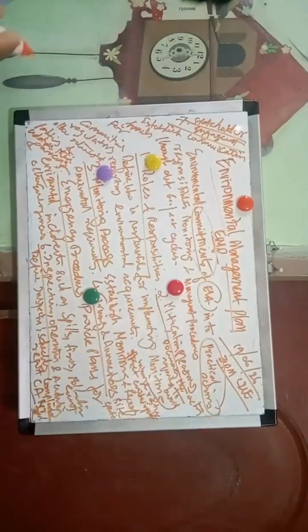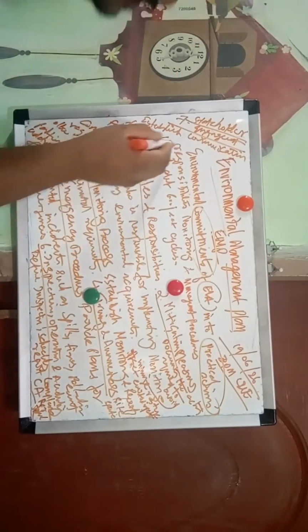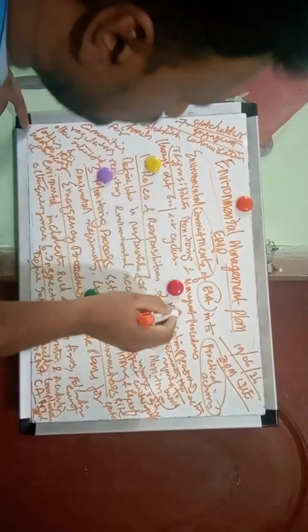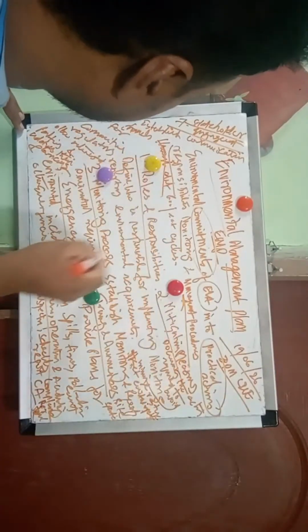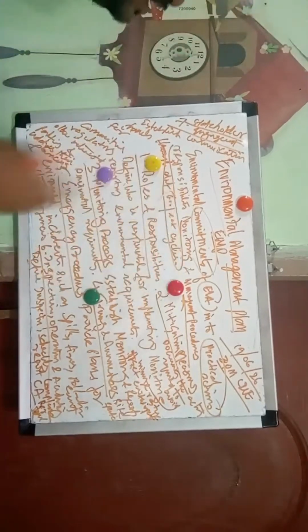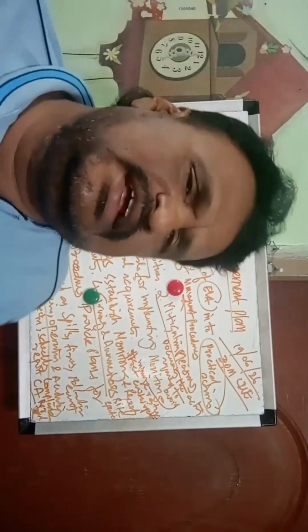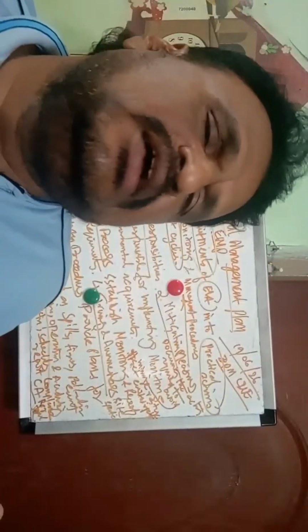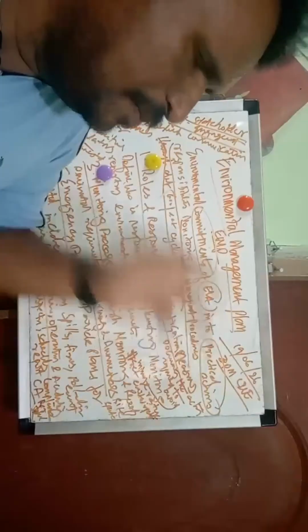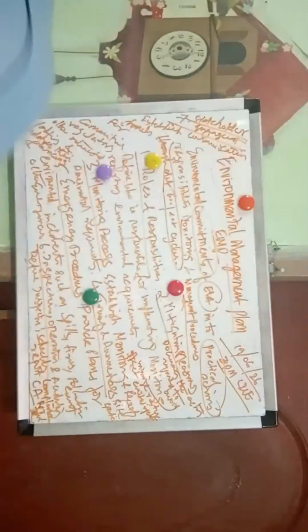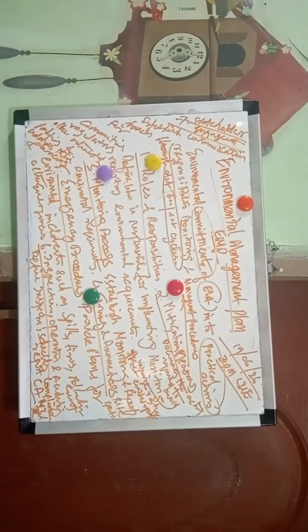EIA into practical actions, with responsibility, monitoring, and management procedures throughout the project cycles. Throughout the project cycles, you have to give the commitment, responsibility, and monitoring. You have to make a plan for all of these. That will be the EMP, environmental management plan. You have to go through this one.